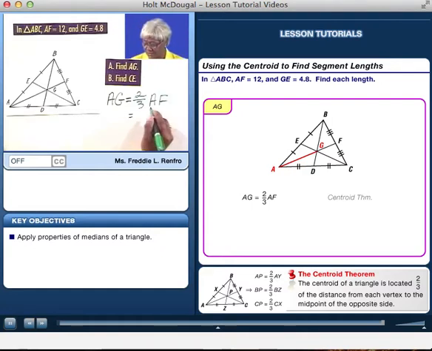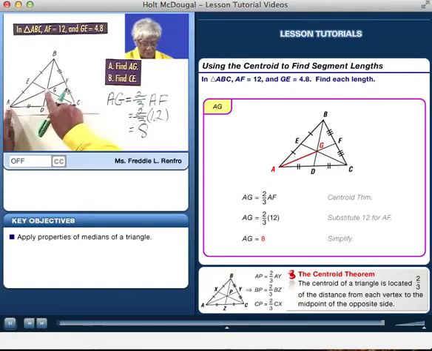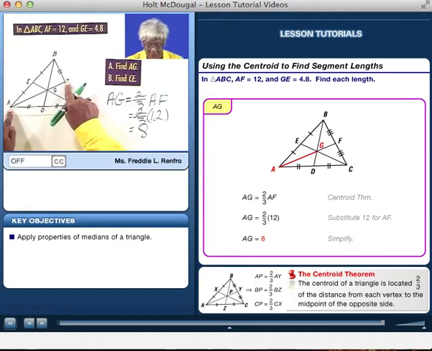So I'll just simply substitute 12 in place of AF. And what is 2/3 of 12? It's 8. So AG is equal to 8 because AF is equal to 12. And that does verify our centroid theorem that AG is equal to 2/3 of AF. Okay? Let's try another one.